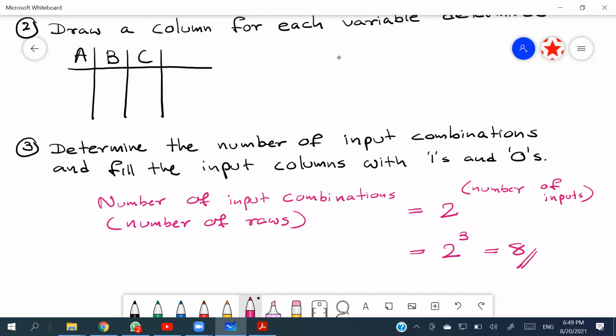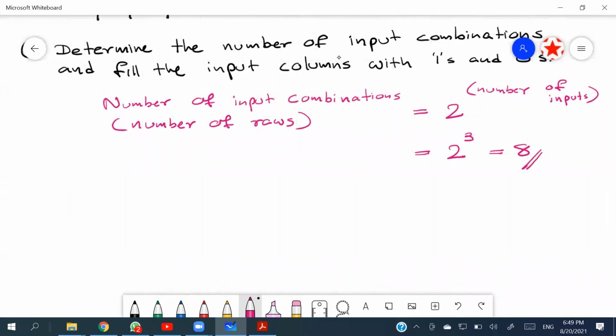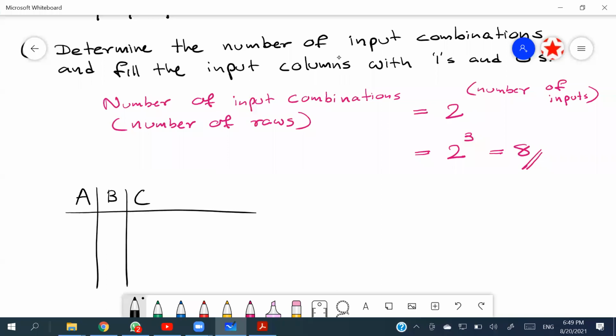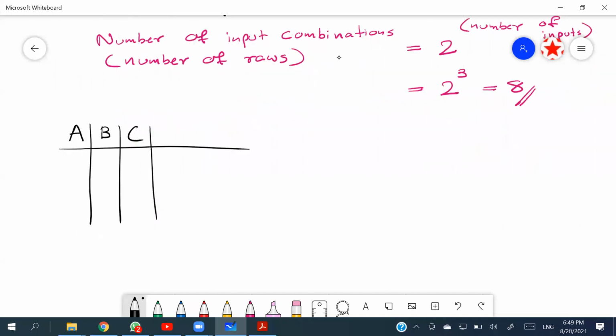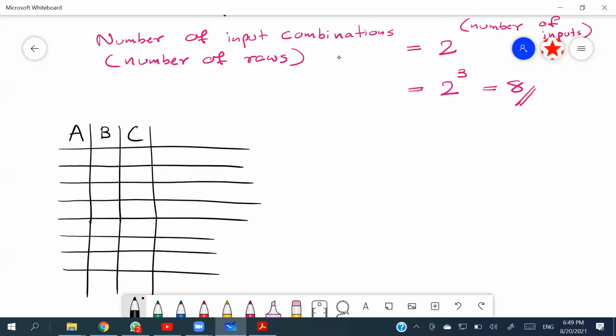So according to this question, your truth table is going to have 8 rows. So let me draw those 8 rows: 1, 2, 3, 4, 5, 6, 7, and 8.